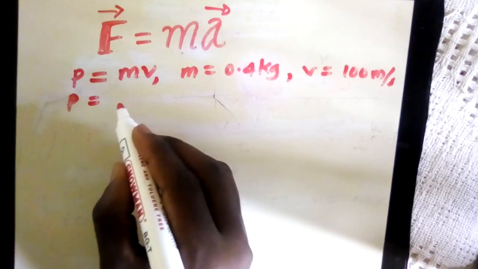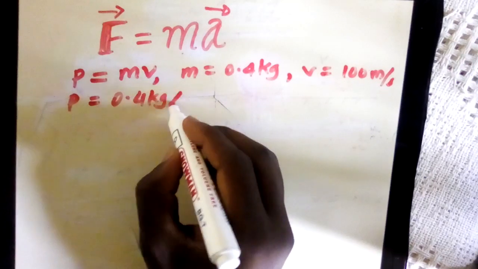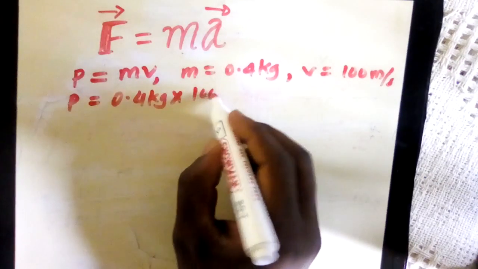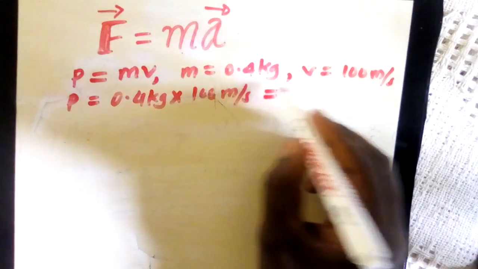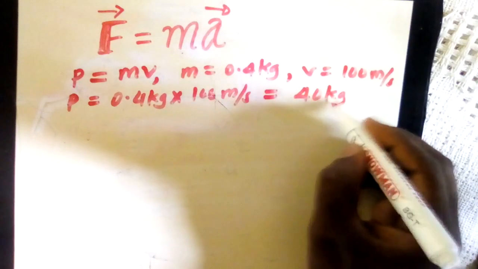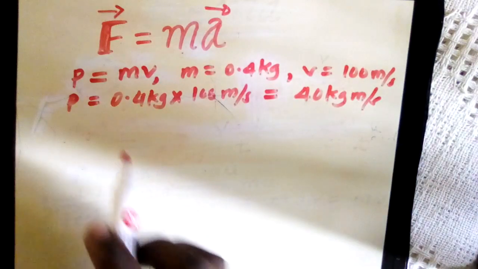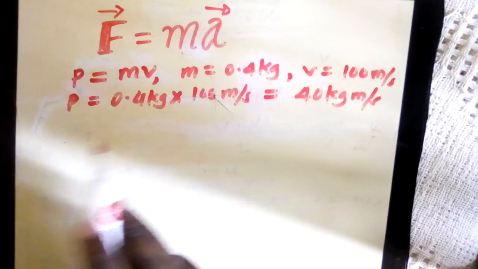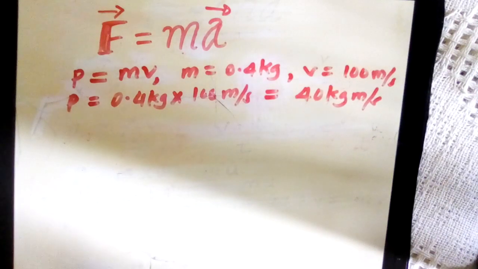Its momentum will be 0.4 kilograms multiplied by 100 meters per second, which is 40 kilogram meters per second. So this is the momentum of that body moving at a speed of 100 meters per second.